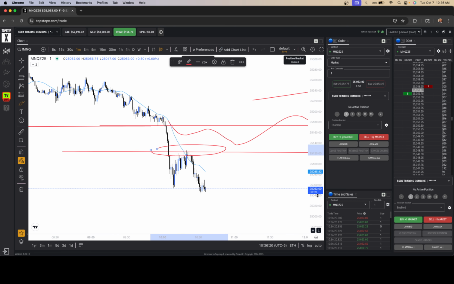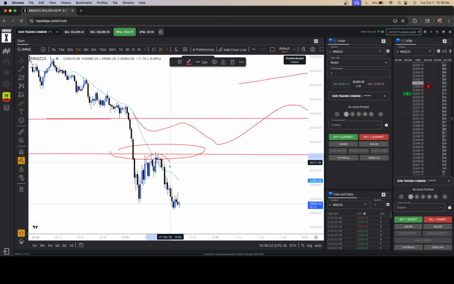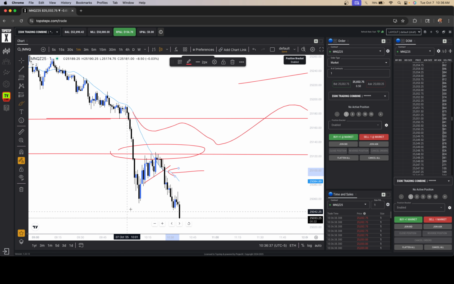So knowing that, even though we were bullish on the 1 minute right here, you can see the structure right here being broken, and this is the perfect entry to get into price going lower. And then this will be the target of the low.